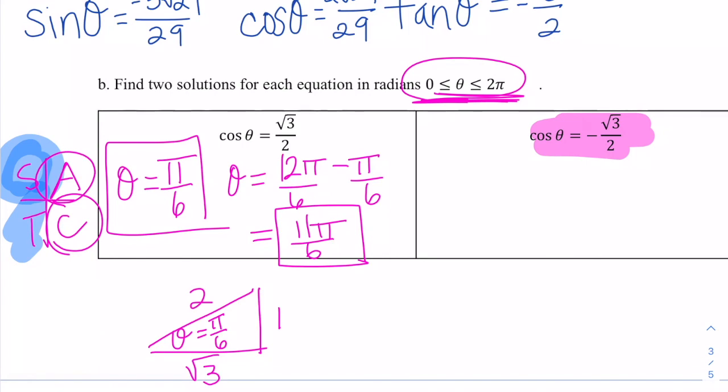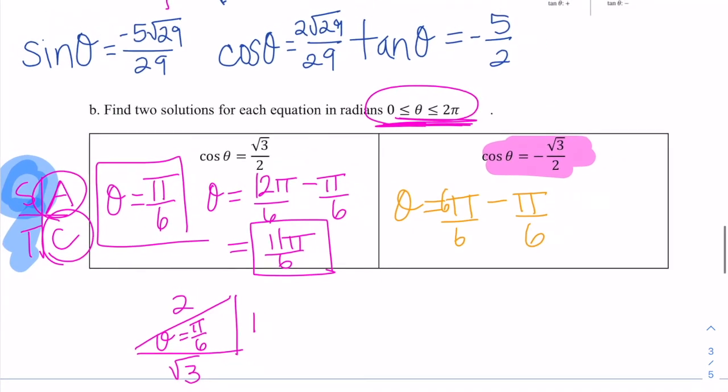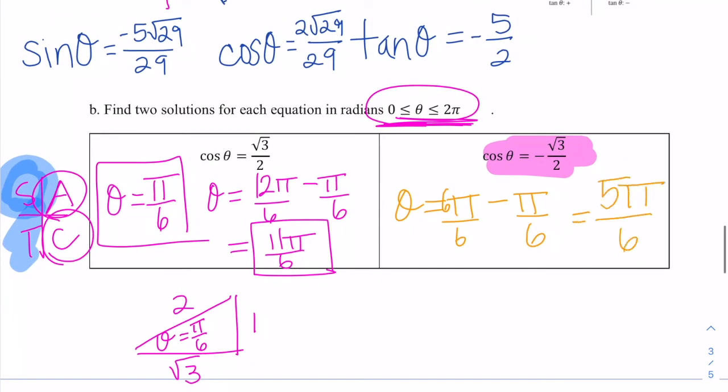In the second quadrant, that's just going to be pi minus pi over 6. And we could rewrite that as 6 pi over 6, right? So that's going to be 5 pi over 6. And in the third quadrant, it's going to be pi plus pi over 6, right? So that'll just be 7 pi over 6.